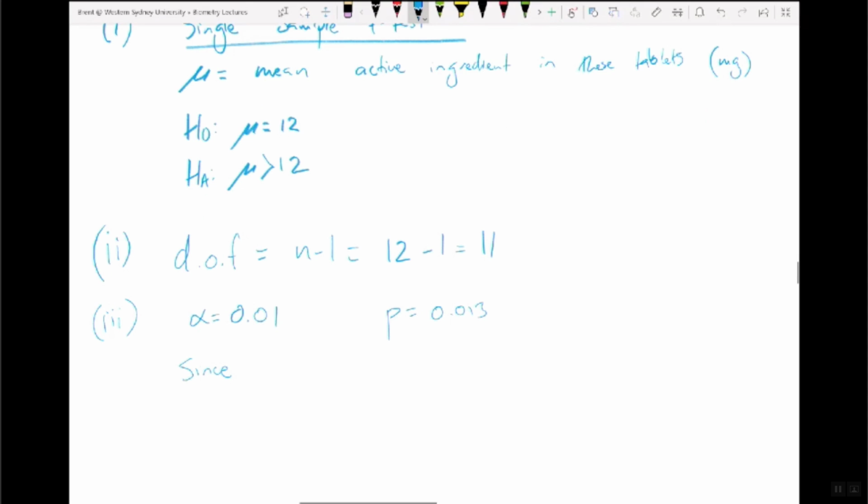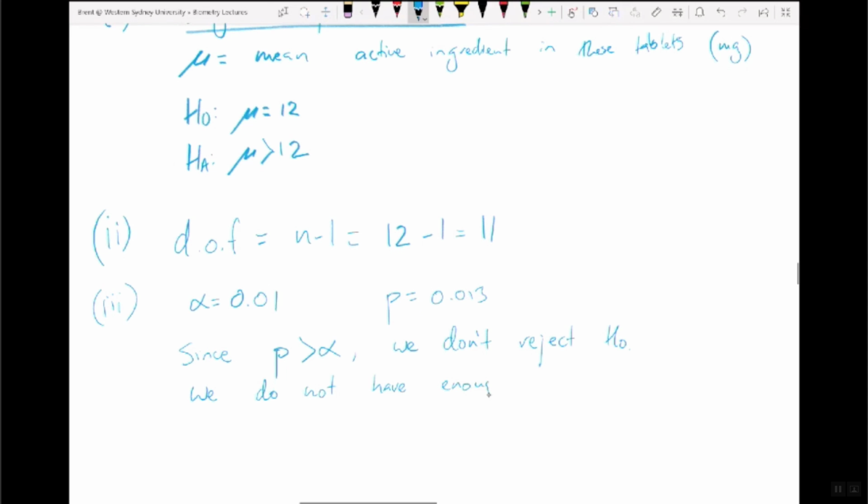We do not have enough evidence to suggest that these tablets have more than 12 milligrams of active ingredient on average. Okay, so very specific to the context of the question.